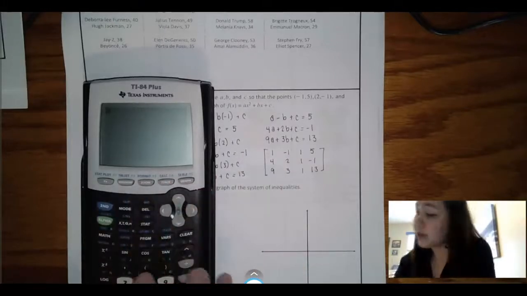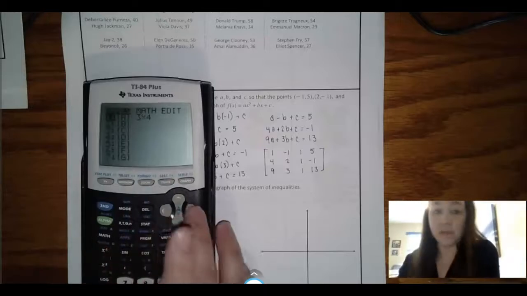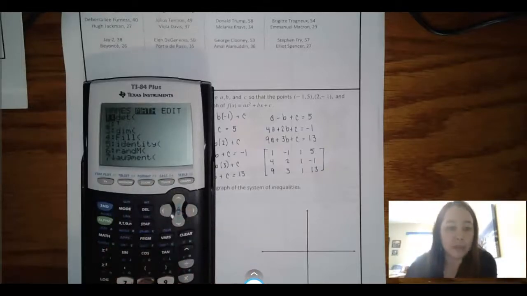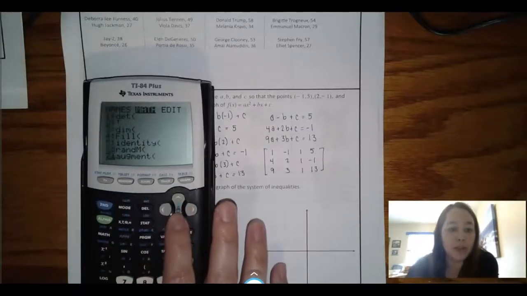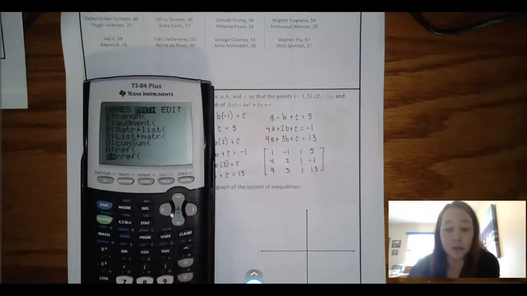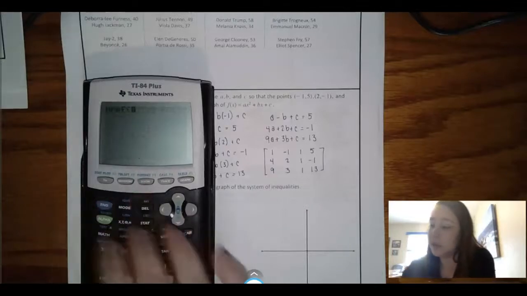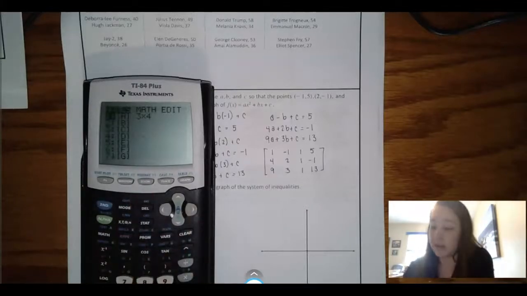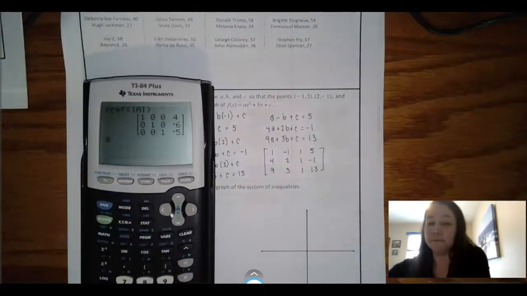Second matrix, if you go to math and scroll all the way down to where it says RREF, not REF, but RREF, that stands for reduced row echelon form. It will solve the matrix for you.